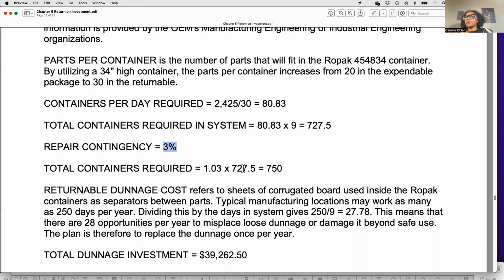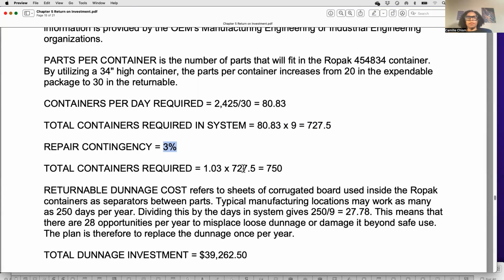So it's slightly different, but you can see basically what they did was, instead of going 727.5 times 3% and then adding it to the 727.5, another way you can do that is just to say your full amount, the 727.5, and then multiply it by 1.03, because that's basically saying the full amount plus the 3%.